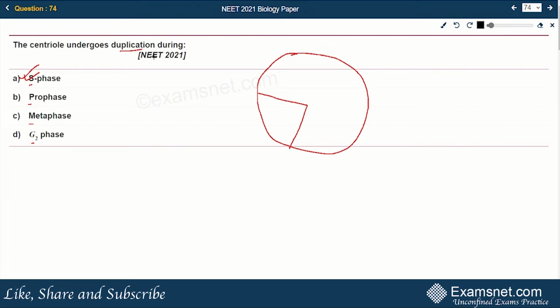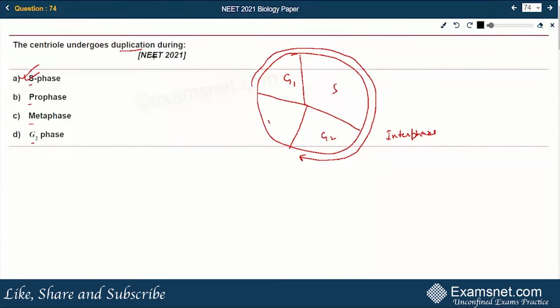So we know that the interphase lasts for about 95% of the total time, right? And it is further divided into 3 phases. First one is G1 phase, second one is S phase, and the third one is G2 phase, where G1 marks the end of mitosis, right? And the initiation of DNA replication, whereas the S phase marks the actual DNA replication.